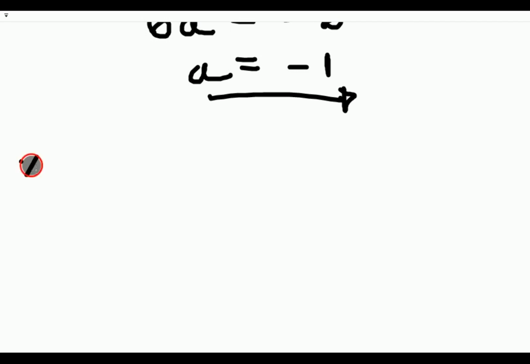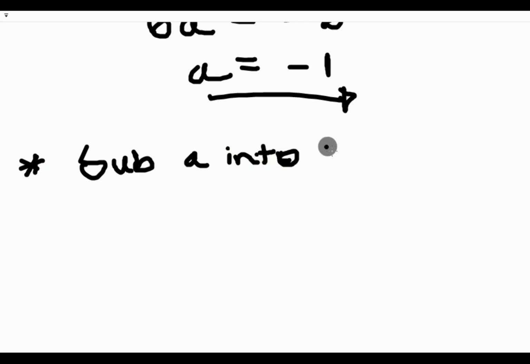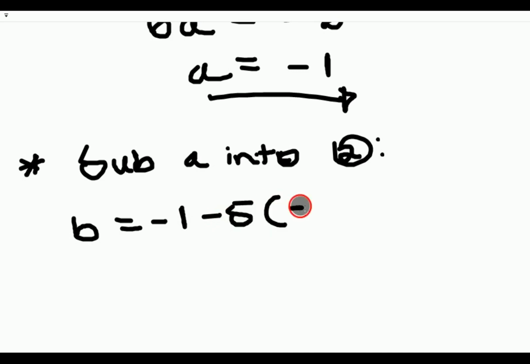So from here what we are going to do is substitute the value of a into an equation. You can use any equation, so let's pick equation 2. So what we are going to have, we're going to have b is equal to minus 1 minus 5 times a. So in the place of a we are putting minus 1.